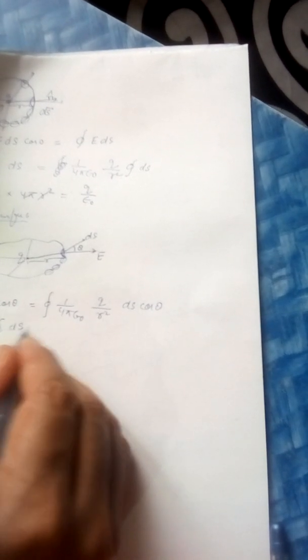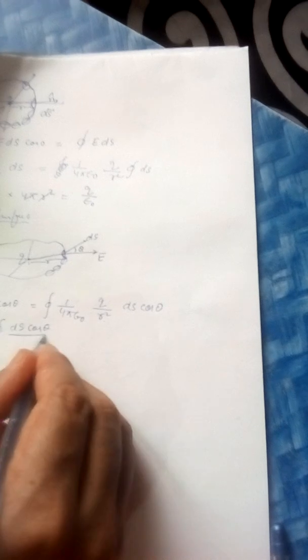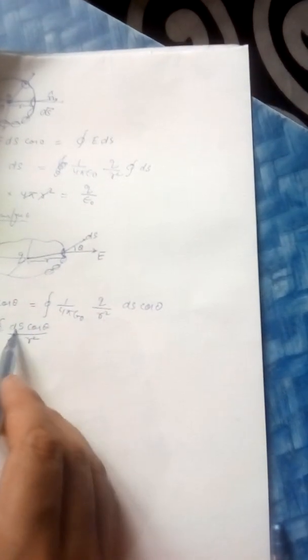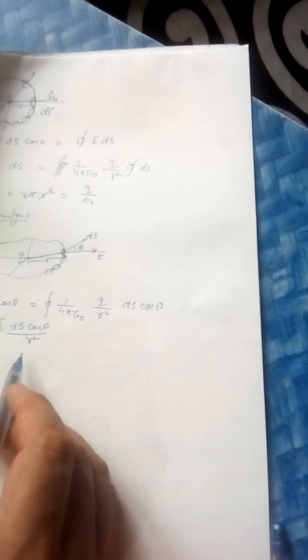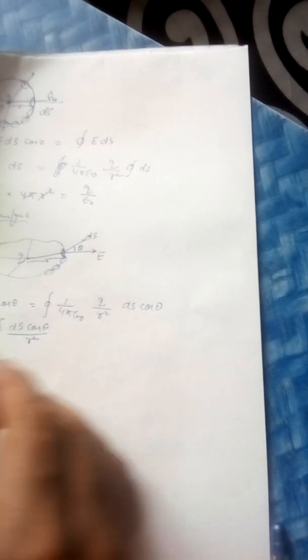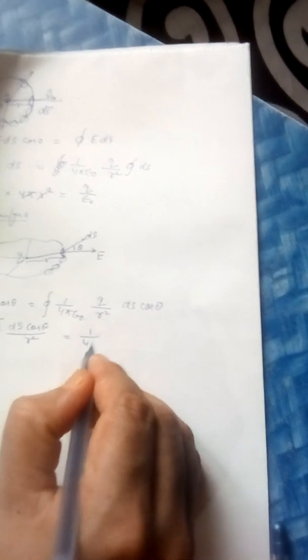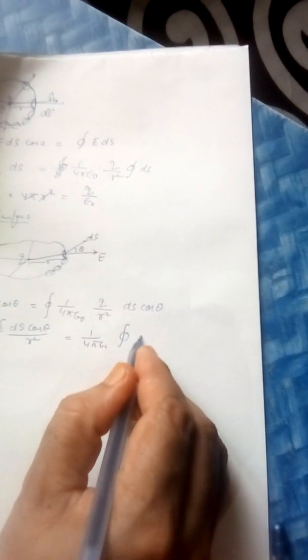So inside you will get ds cos theta by r square. We have read that when ds makes some angle with the electric field, this ds cos theta by r square is known as solid angle. So when you write this, the solid angle is represented by d phi.